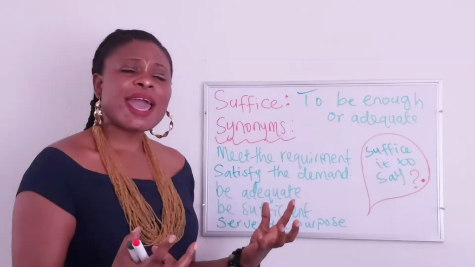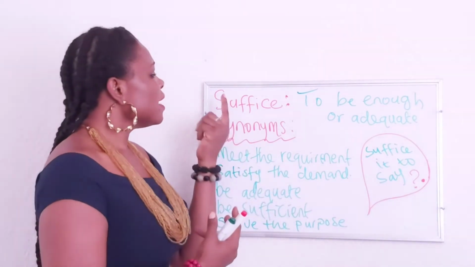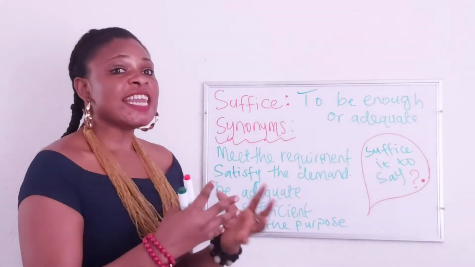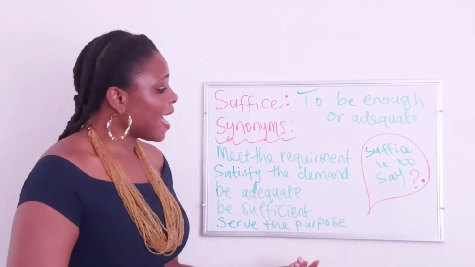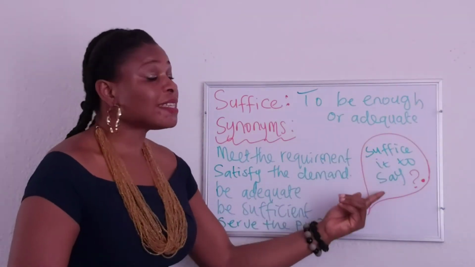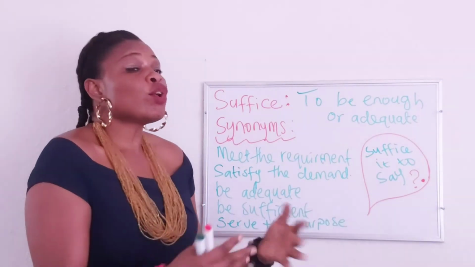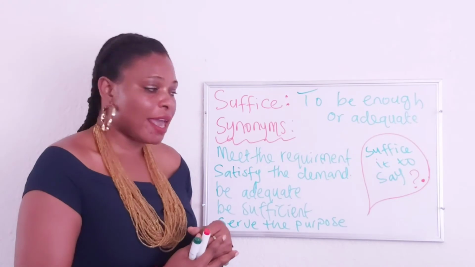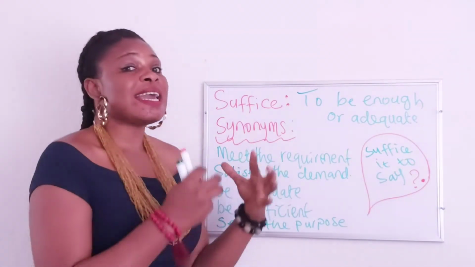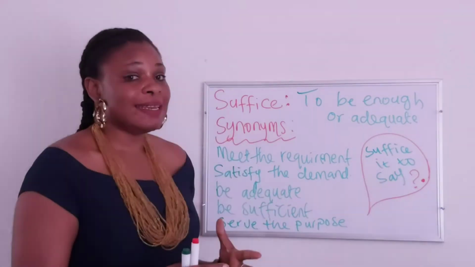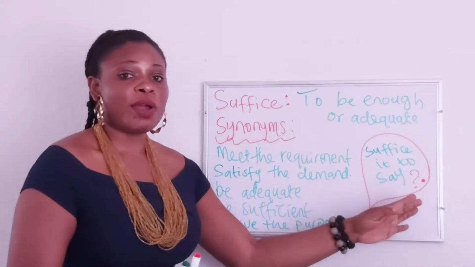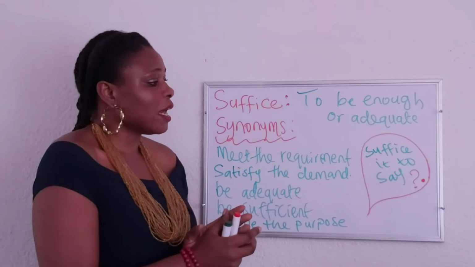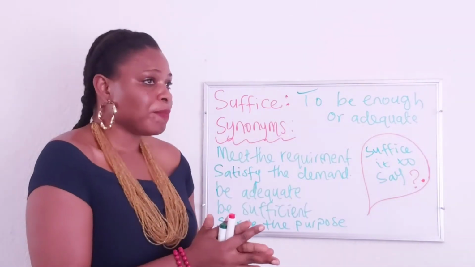And one common way that people use this word or vocabulary is in a phrase such as suffice it to say. That is, it could be as a question, which is why I have this question mark here, and it could come as a statement and ended, which is why I have this period here by the side. So you can use this word or this phrase in this way.